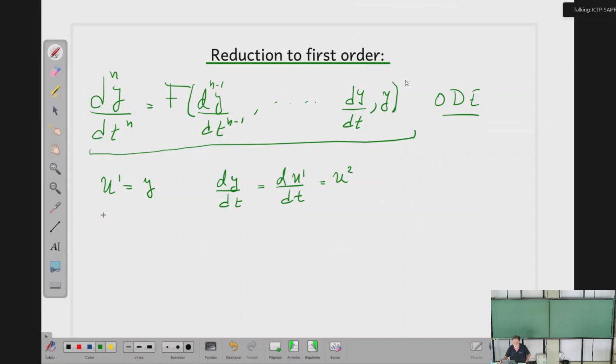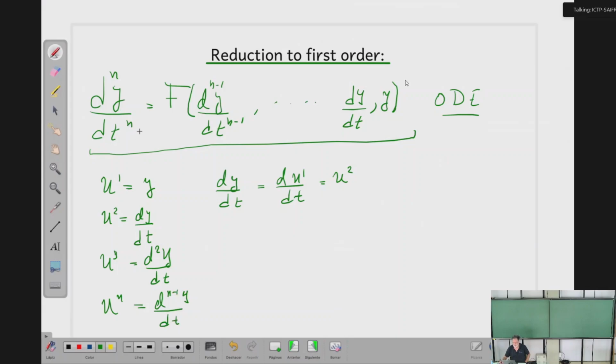So I'm saying u2 is dy/dt, and so on. u3 is the second derivative of y, until you get to this point, right? un is d^(n-1) y/dt^(n-1).